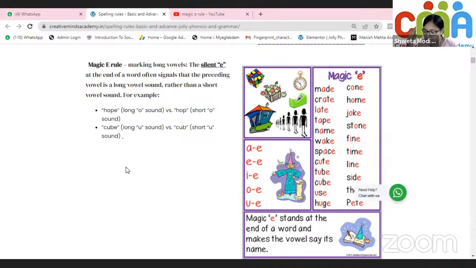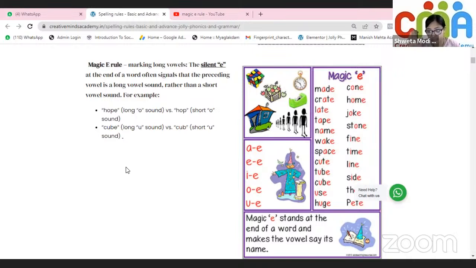Short vowel and then consonant and then E. That's the rule, that you should have a short vowel sound followed by a consonant followed by E. Then E turns the short vowel sound to the long vowel sound. That's the rule. Okay. But is it only applicable to monosyllable words?